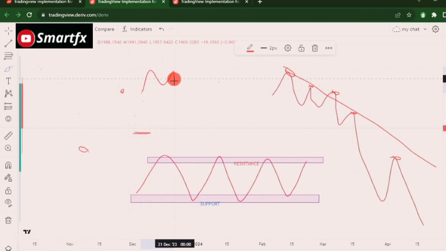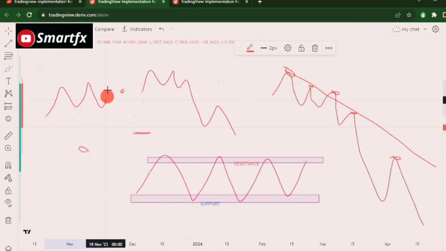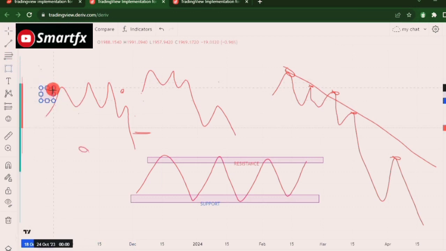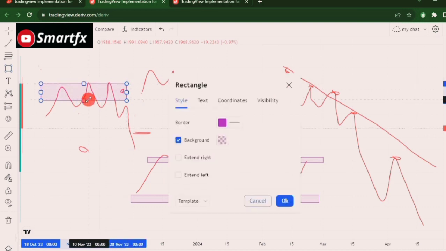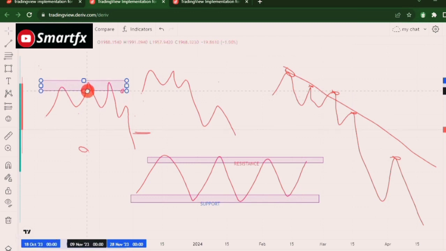Or you watch out for something like this. So here, basically, this is what we call a triple top. These are reversal patterns you need to watch out for as a beginner trader.